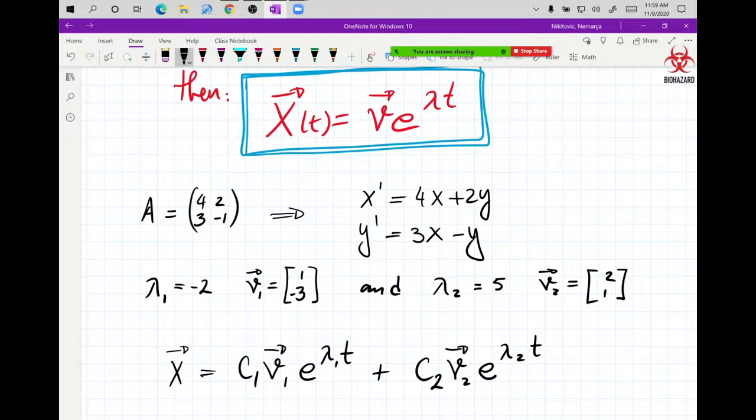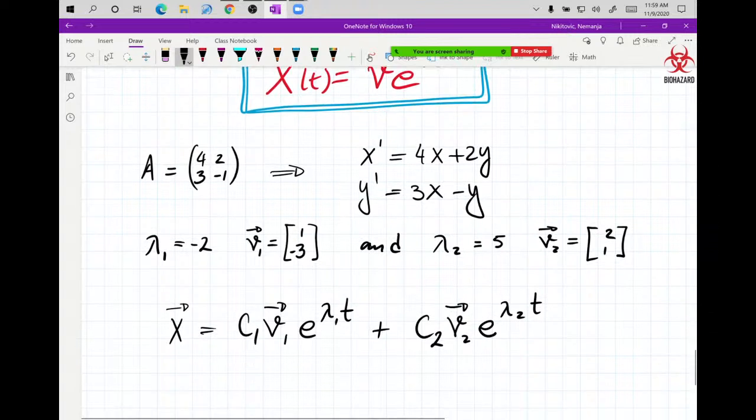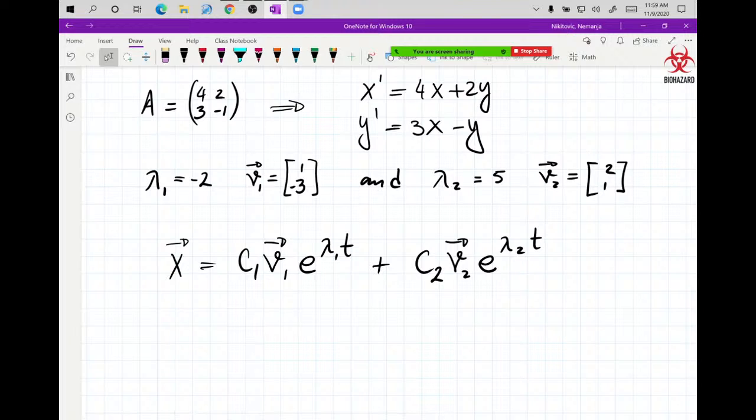Now let's plug all of these things in and see what the solution looks like. So my solution x vector, now guys, this x vector is an x, y vector, right? So when I put x with the arrow on top, that's a column vector that has x, y, maybe has x, y, z, or maybe has x1 and x2, whatever all of the variables are.